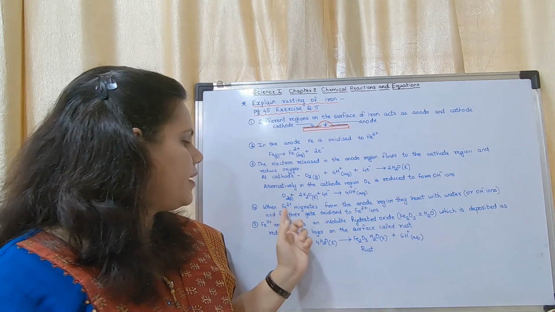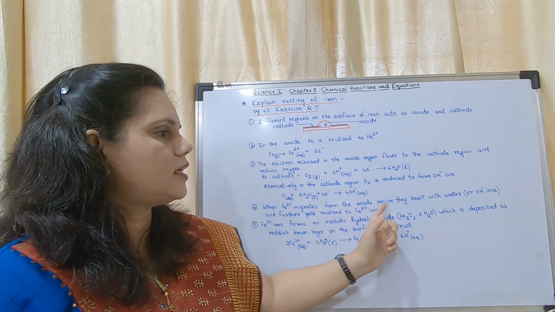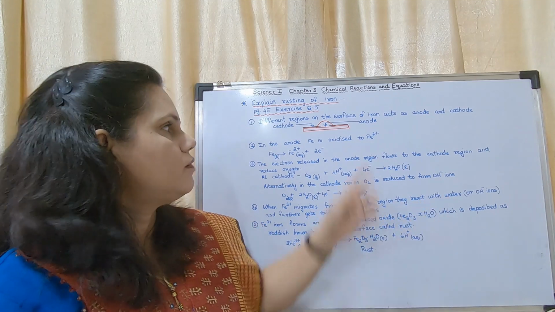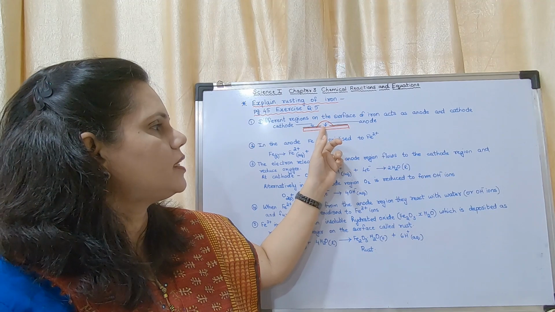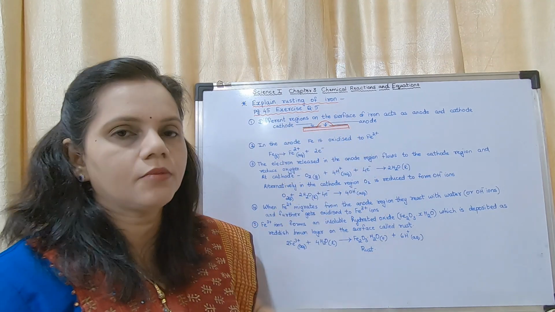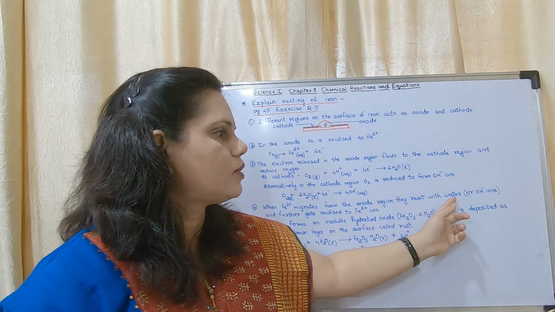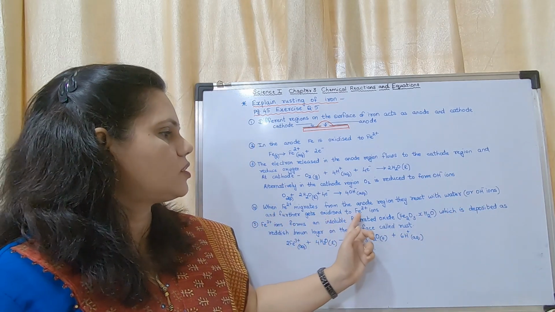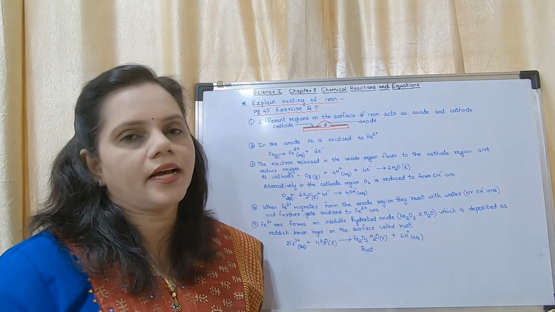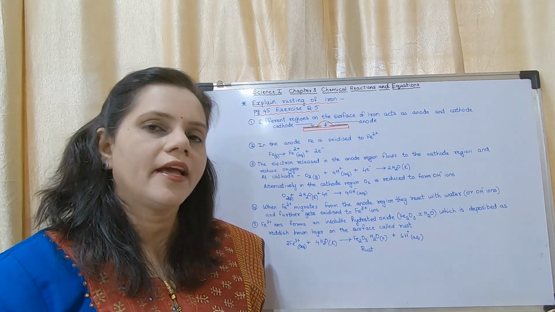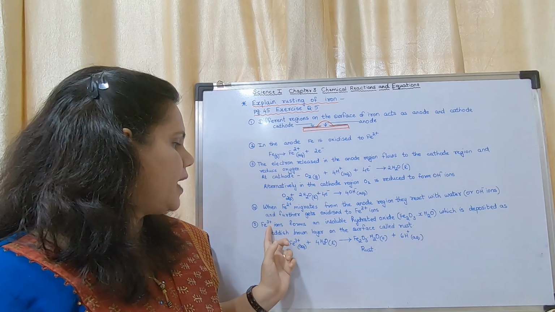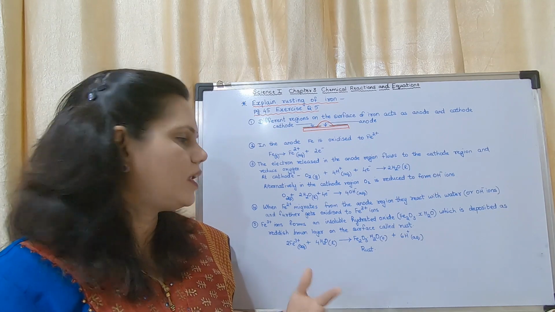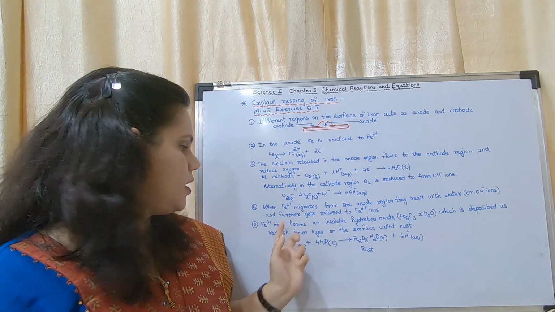Now when Fe2+ is formed here, it migrates from the anode region, comes outside, and reacts with water or OH- ions and further gets oxidized to form Fe3+ ions. That Fe3+ will react with water.